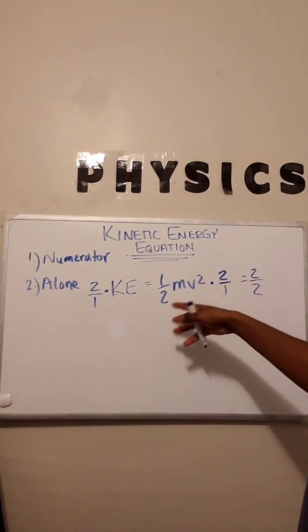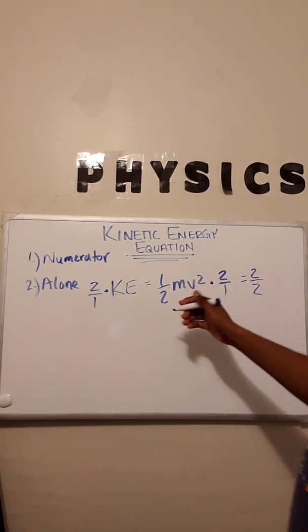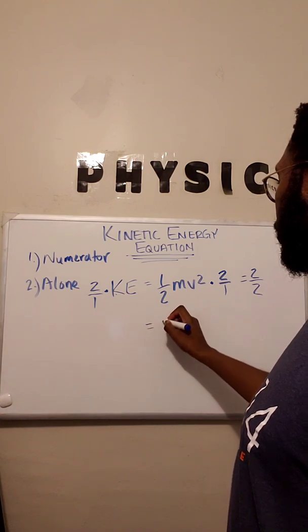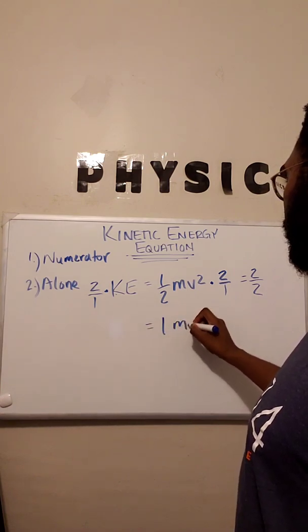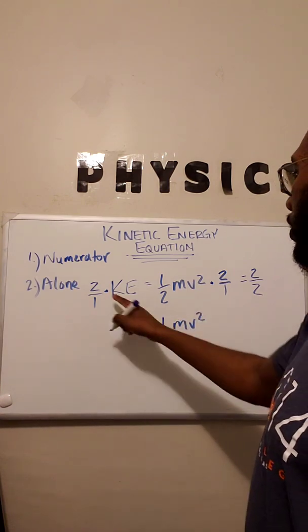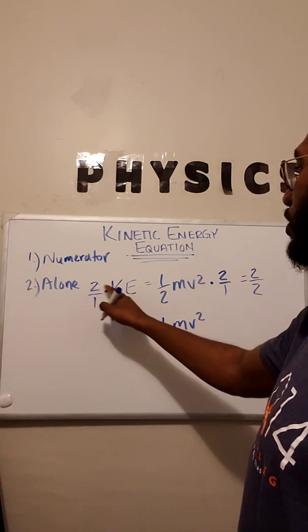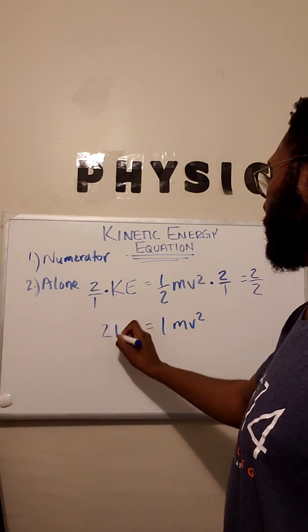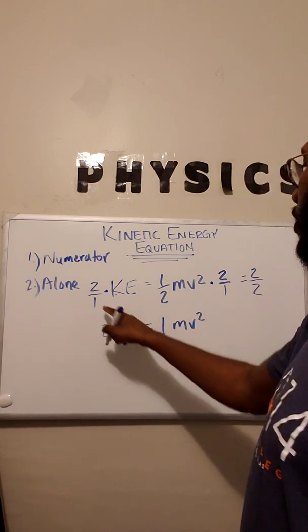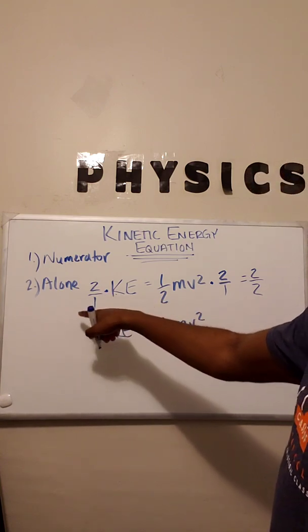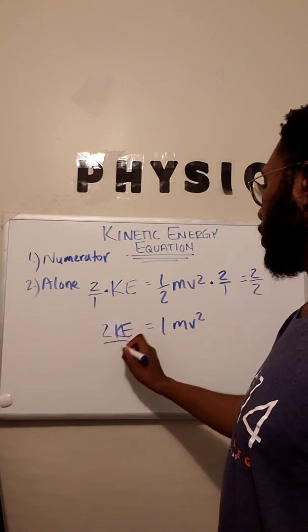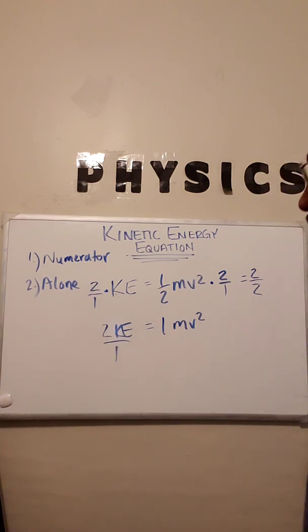So these are going to cancel each other out and just equal 1. So I end up with 1 times mv squared over, now this is 2 times KE, because both of these are in the numerator. And 1 is the only thing in the denominator on this side, so I still have 1 in the denominator.